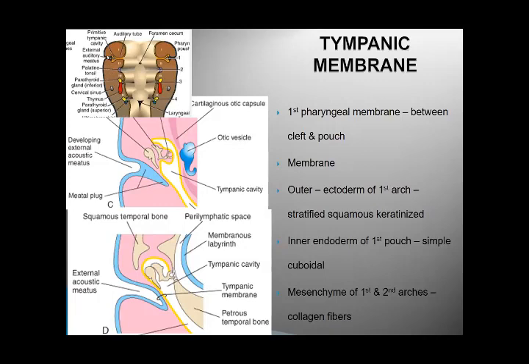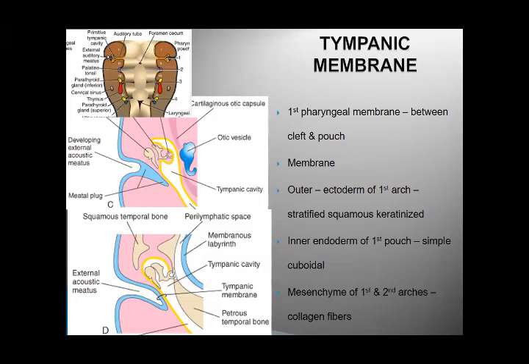First cleft between first arch and the second arch, pharyngeal arches. And then from the inside of the developing pharynx, the mucous membrane grows out between the first arch and the second arch. This is called a pharyngeal pouch from the inside, and from the outside we have the first pharyngeal cleft.